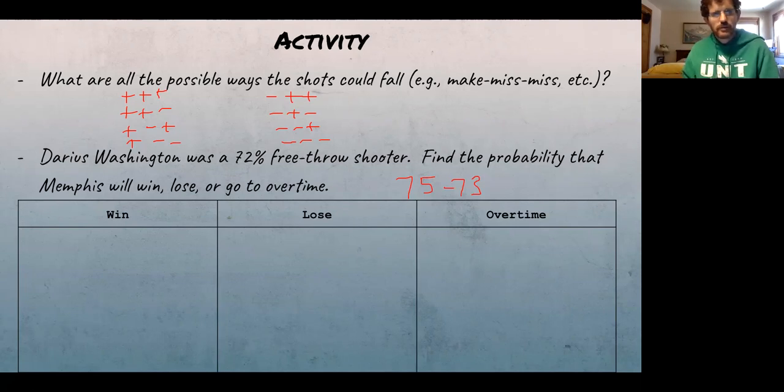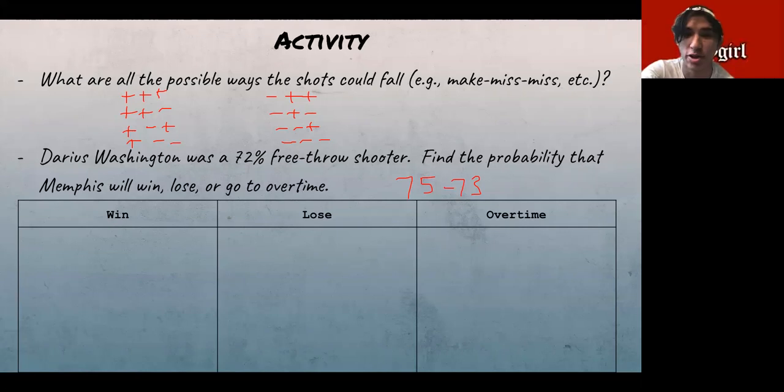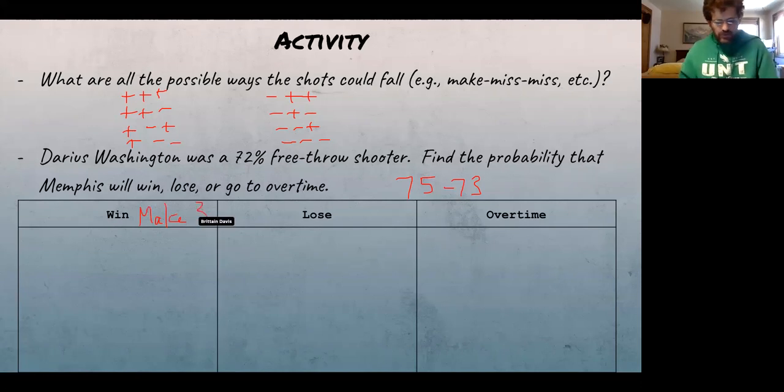Before we worry about all this stuff up at the top, let's jump down here. What are the conditions required in order to win? Does that make sense? What's needed in order to win? Makes all the free throws. All right, make 3.